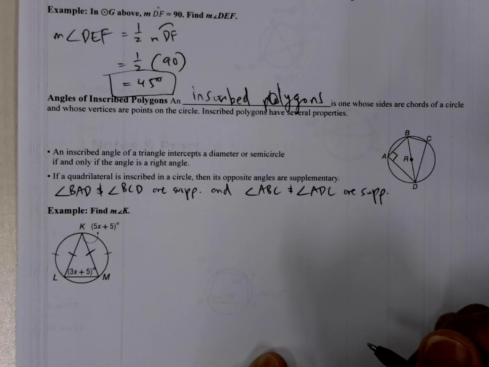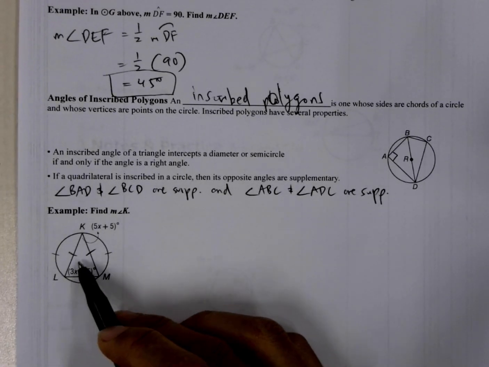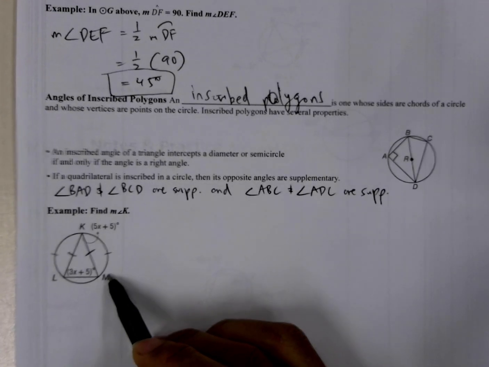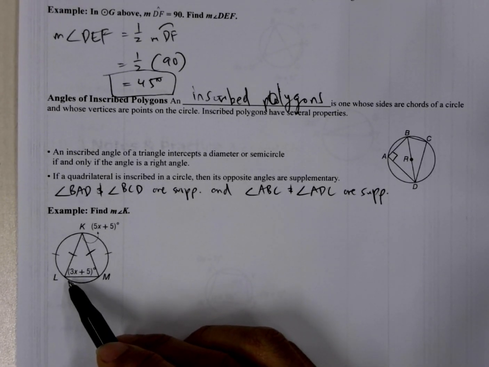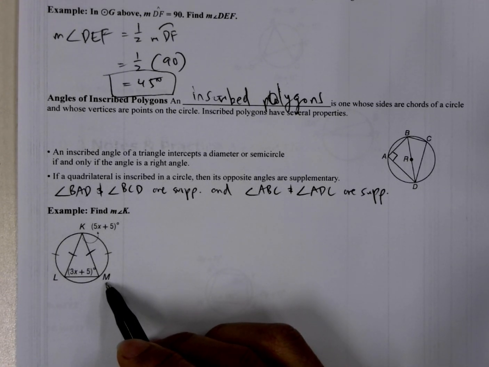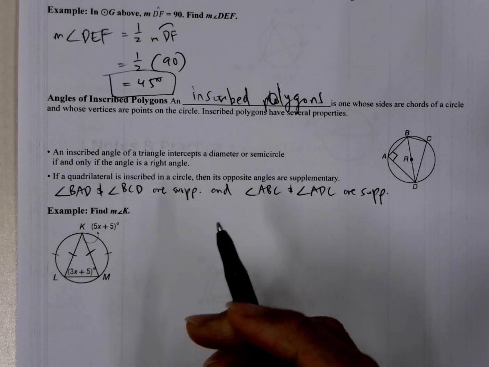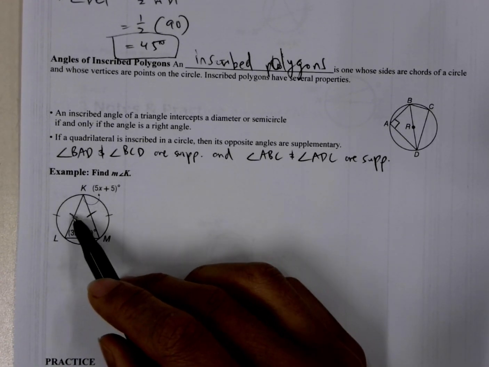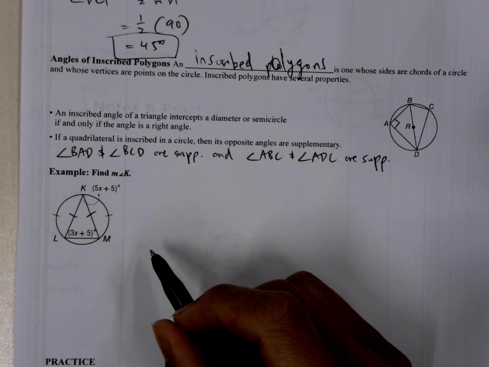Okay, so what do we have here? Actually, I think this is reading that angle KLM is equal to this expression, number of degrees. And we know that KLM is congruent with KML because we have the isosceles triangle theorem. We've got the two sides of the triangle congruent, so the opposite angles are also congruent.